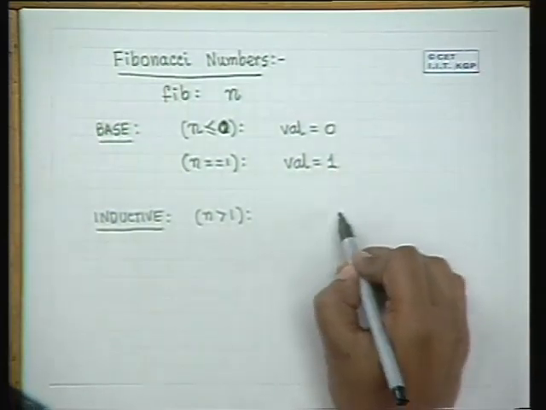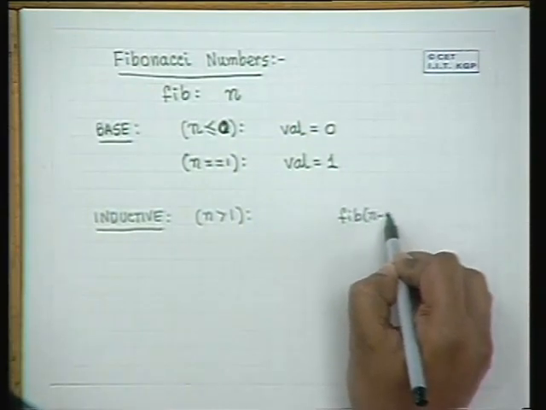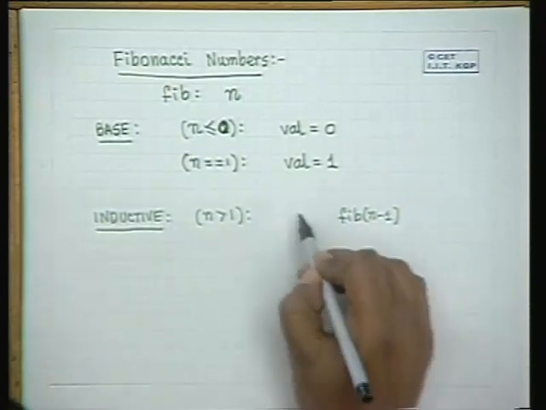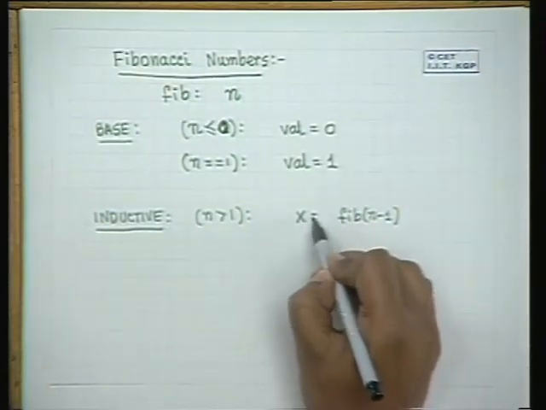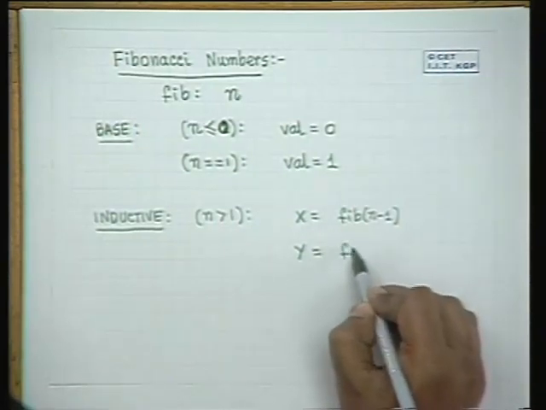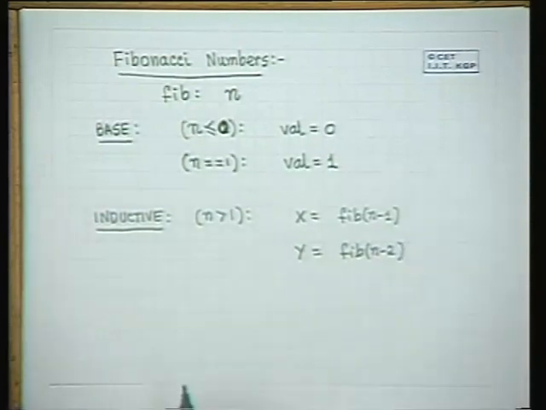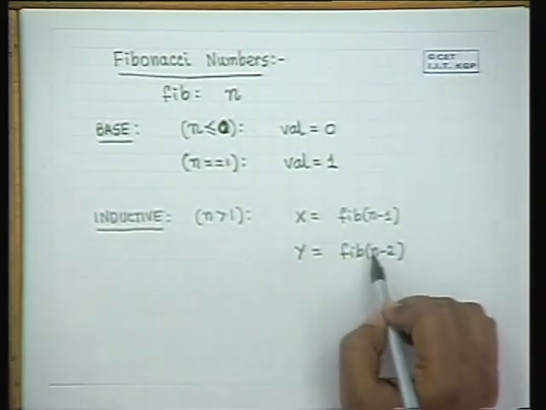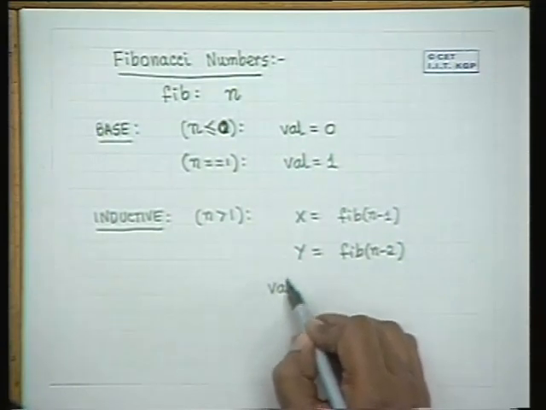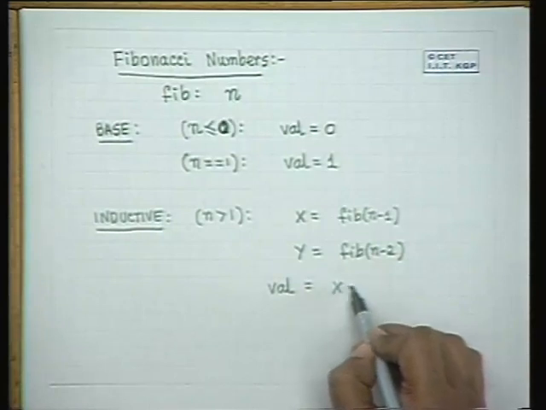So, we solve fib of n minus 1, which is one subproblem, and get the solution in, say, x. In y, we solve fib of n minus 2. These are our two decomposed subproblems, and we recompose our solution by the addition operation x plus y.